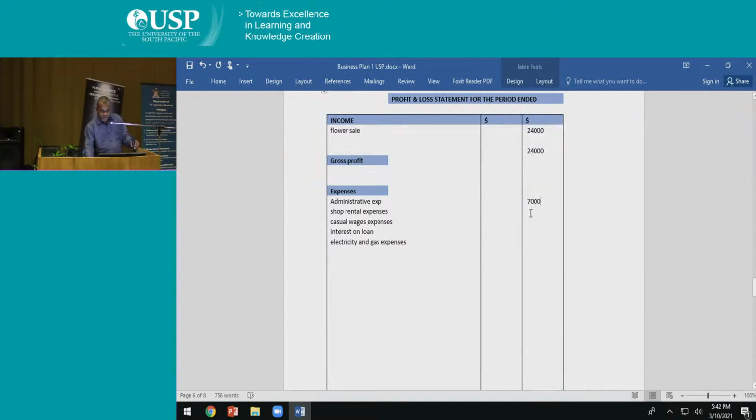Okay. What's the rental expense? That was 800, 800 times 12, 9,000. What's the casual wages? How much was it? 400 a month times 12.